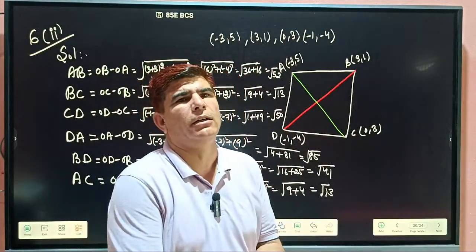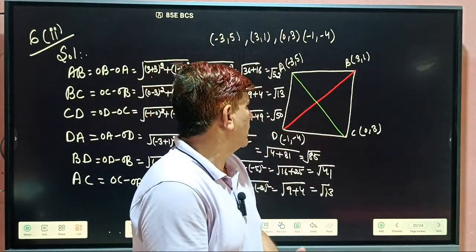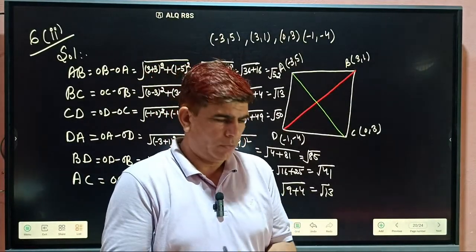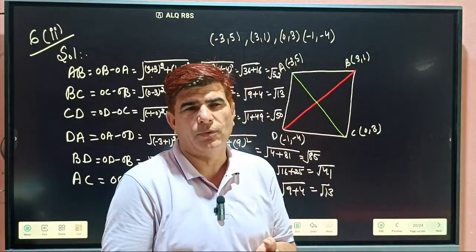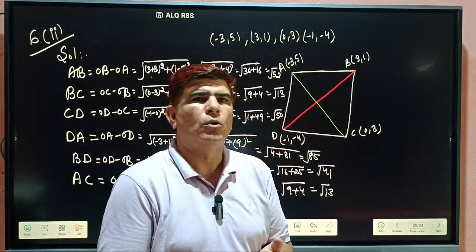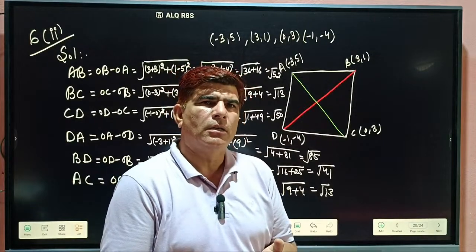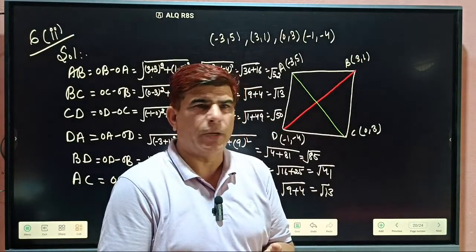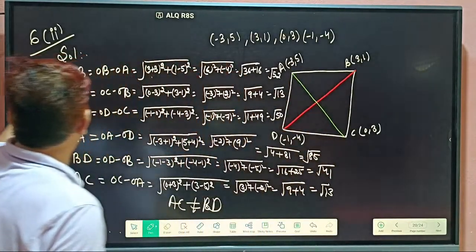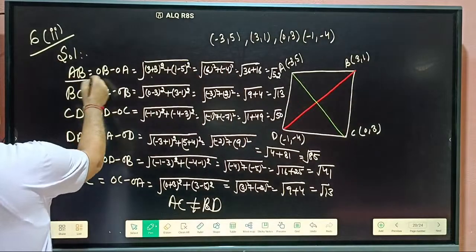Why is it a quadrilateral? Because it is a closed figure having 4 sides. But we cannot say it is a square or a rhombus. Square: all sides are equal; rhombus: all sides are equal. Understood? Not a parallelogram. For a parallelogram, opposite sides need to be equal, AB equal to CD.